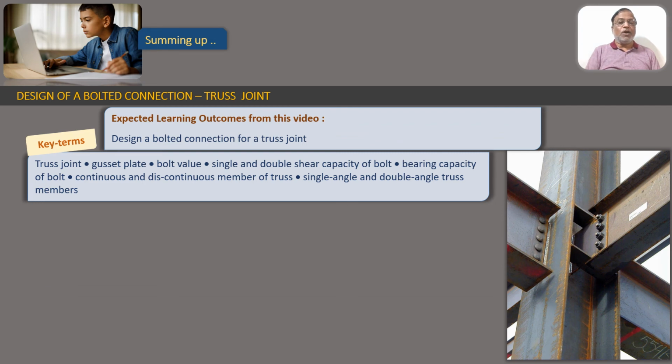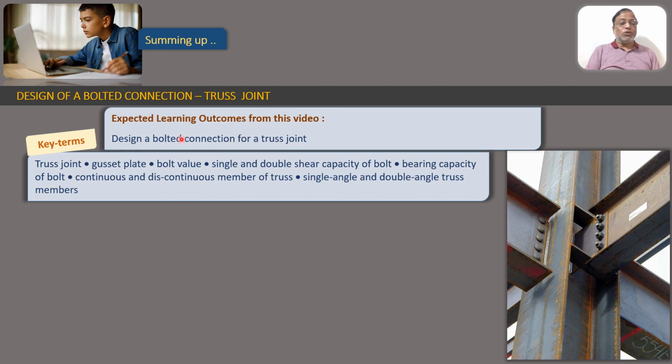So friends, we now come to the last slide of the video where we have to sum up whatever we have learned. We have designed a bolted connection for truss joint with the help of a complete numerical problem considering 2 parts. We will recollect that we had the expected learning outcome of this video as design a bolted connection for a truss joint.